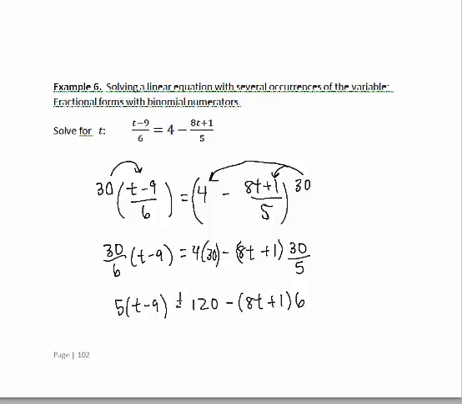So now we have some parentheses in our equation, and we need to take care of those by distributing. 5 times t is 5t. 5 times a negative 9 is negative 45.